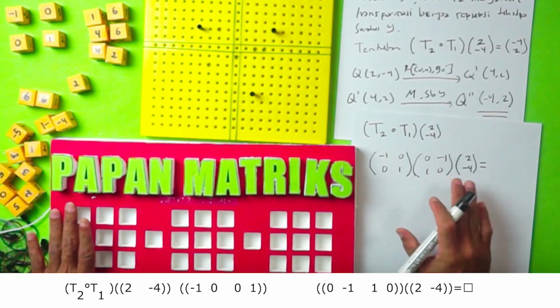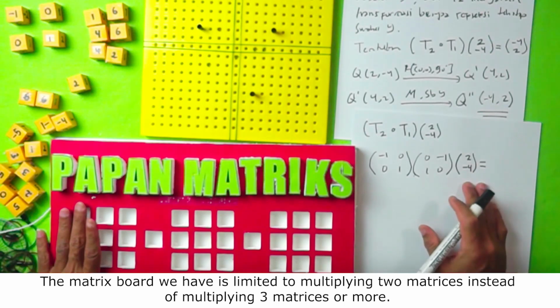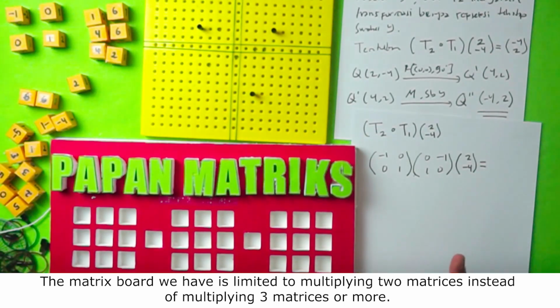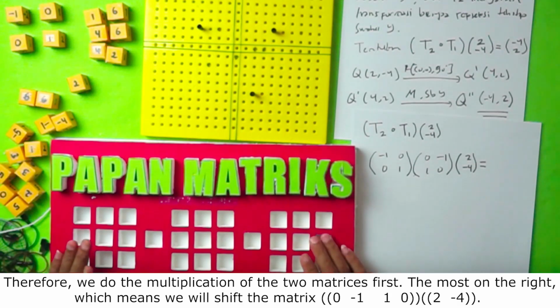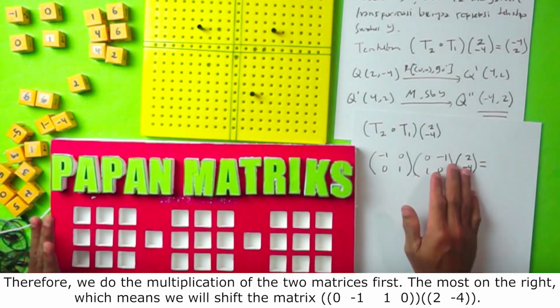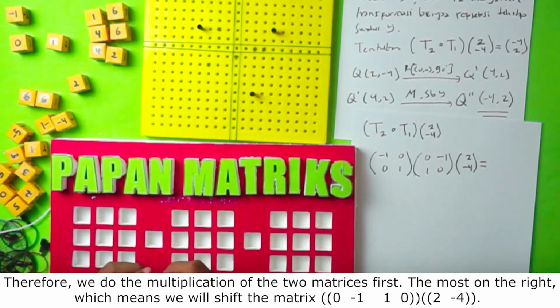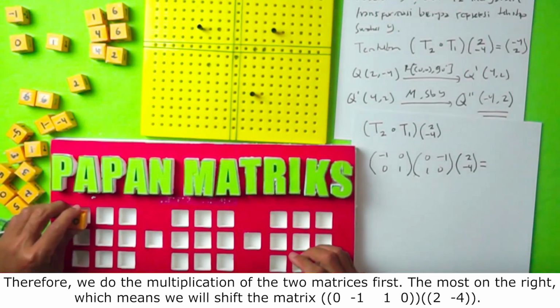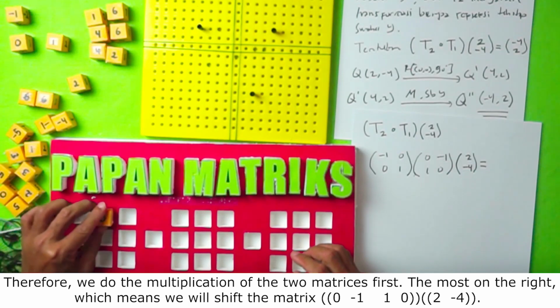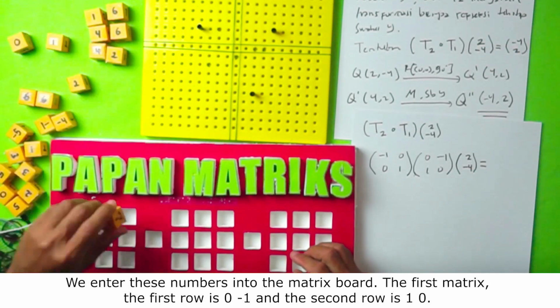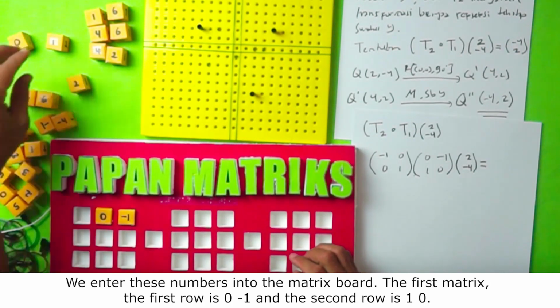The matrix board we have is limited to multiplying 2 matrices instead of 3 or more. Therefore, we do the multiplication of the 2 matrices on the right first: the matrix 0, negative 1, 1, 0 times 2, negative 4. We enter these numbers into the matrix board.